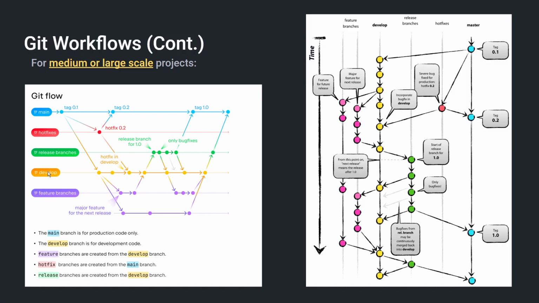And then from the development branch, each person is going to branch off into their own branches to work on features, and eventually merge back into the development branch so that the development branch is up to date with people's code changes.